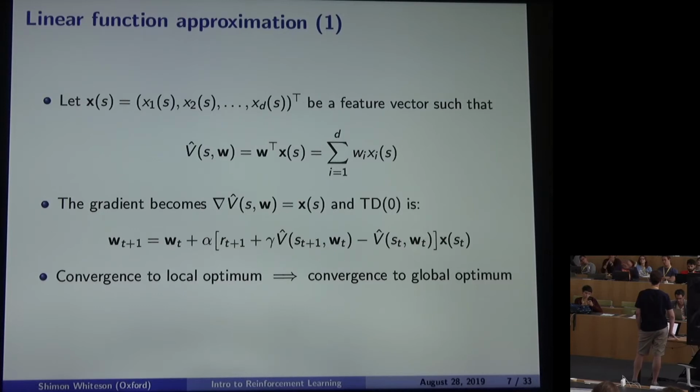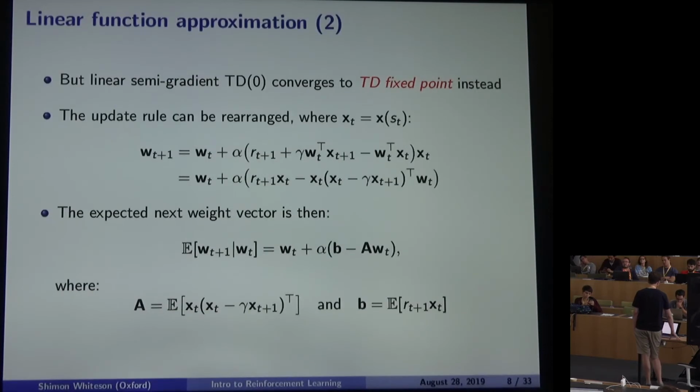However, because we're using semi-gradient methods, we actually won't converge to the local optimum. We will converge to something else called the TD fixed point. And the TD fixed point, fortunately, is in practice typically near the local and therefore the global optimum in the linear case.